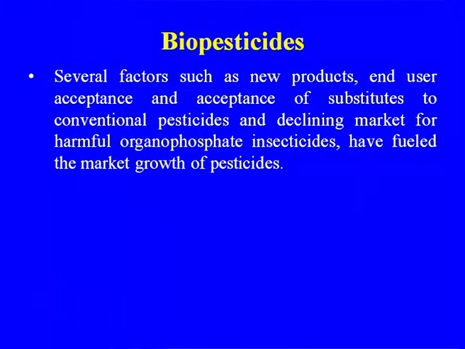Several factors such as new products, end user acceptance, acceptance of the substitute to conventional pesticide, and the declining market for harmful organophosphate insecticides have fueled the market growth of biopesticides, and that is the driving force for the coming of more biopesticides.